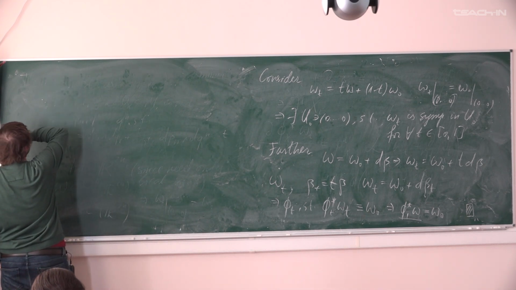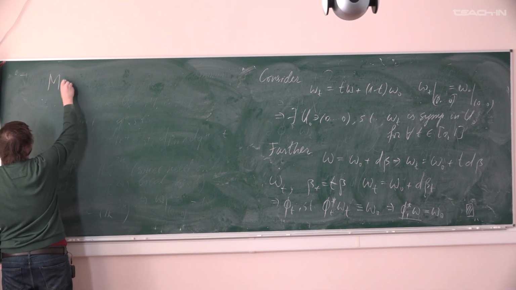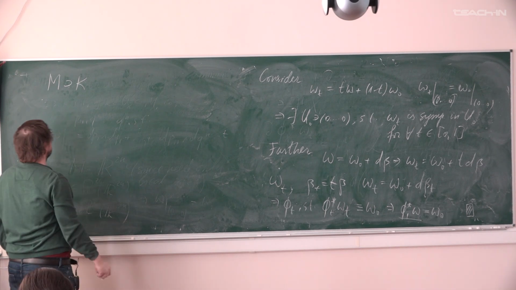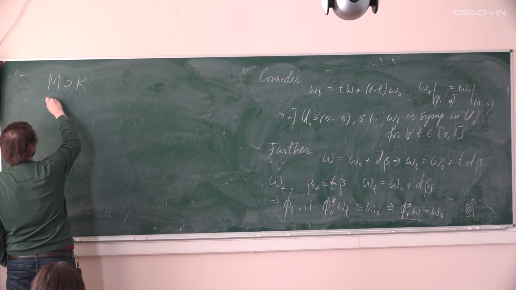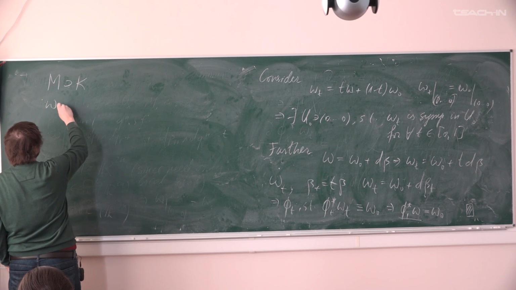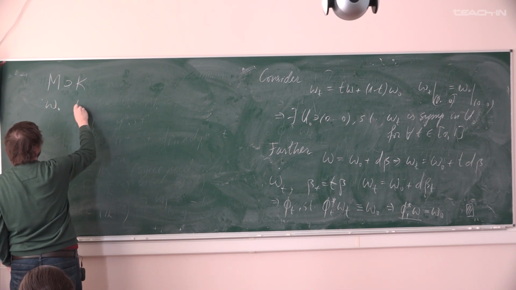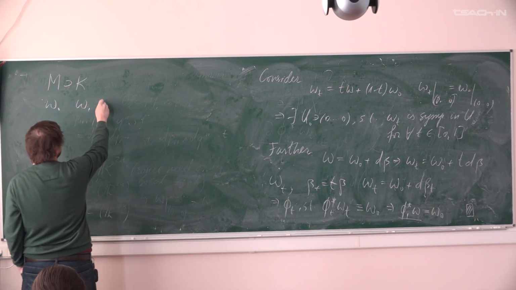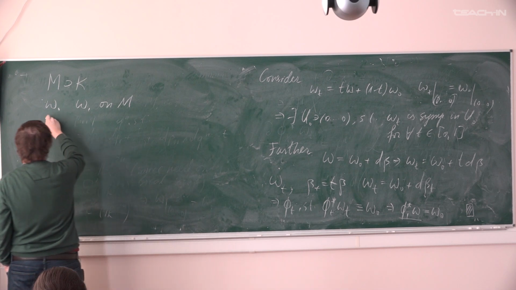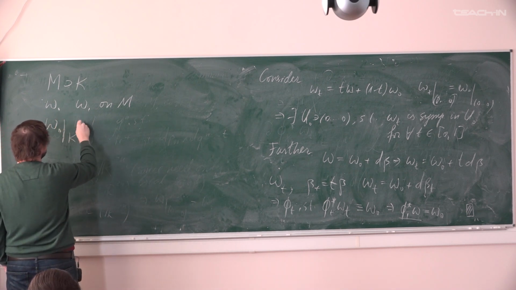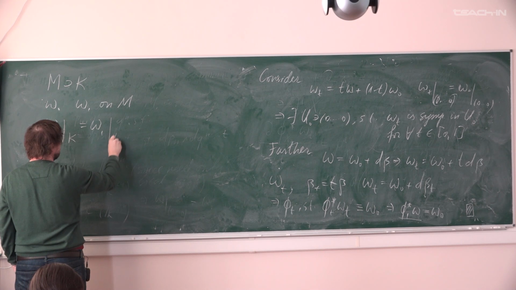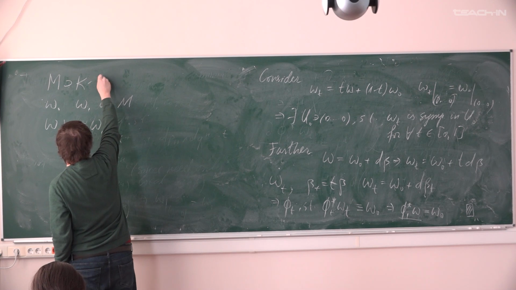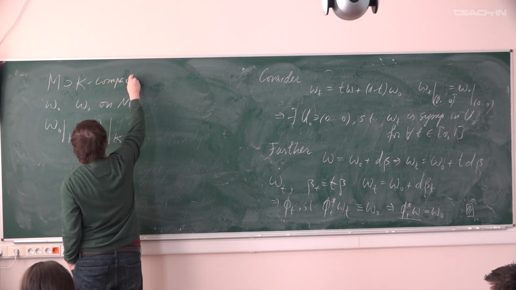So suppose you have some submanifold K in M, and two symplectic forms ω0 and ω1 on M. And suppose that ω0 restricted to K is equal to ω1 restricted to K. And I suppose that K is compact, of course. Otherwise, I'll be in trouble.